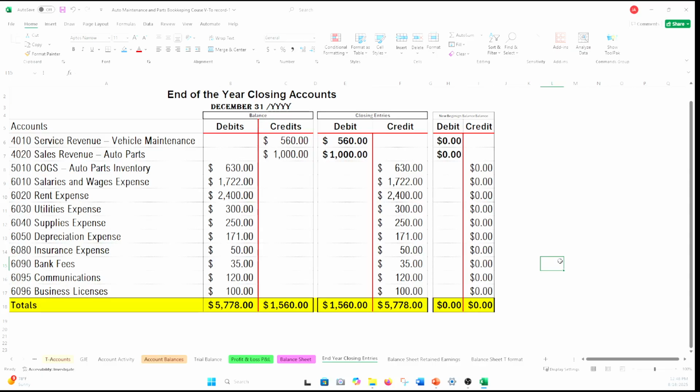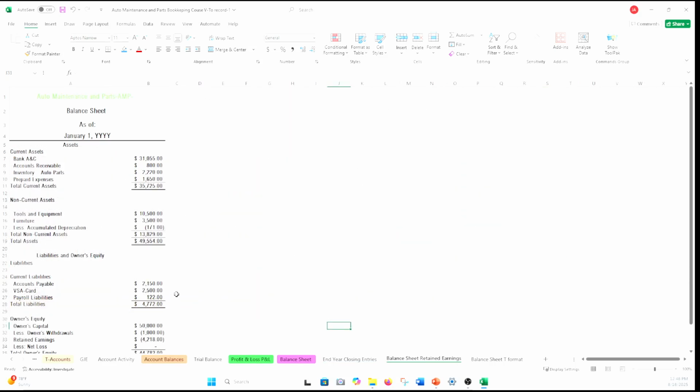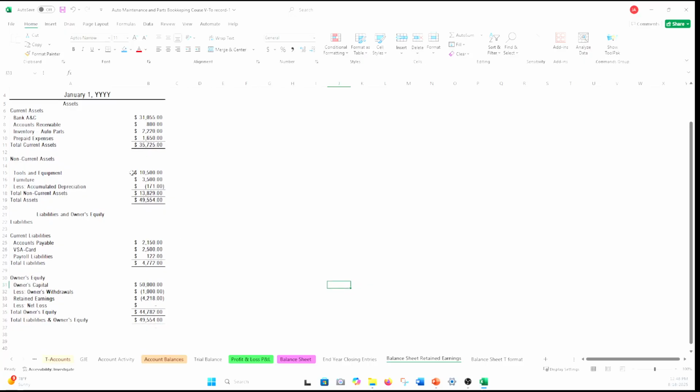But at the same time, your balance sheet is going to show something different, not in terms of numbers, but in terms of the classification of account names. That is going to happen just in the owner's equity section, and this is the way that it looks. The rest of the balance sheet is going to be the same because there is no activity. It's January 1st at 8 a.m. Nothing happened.